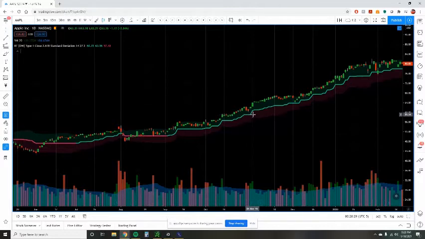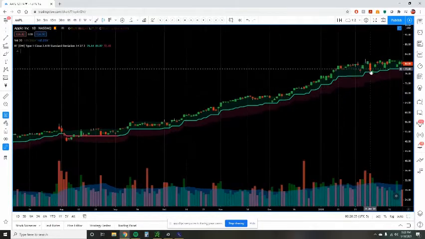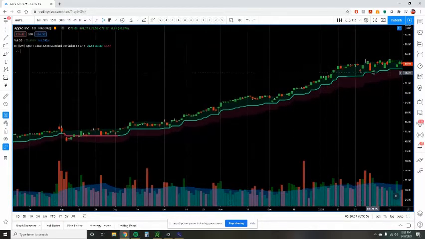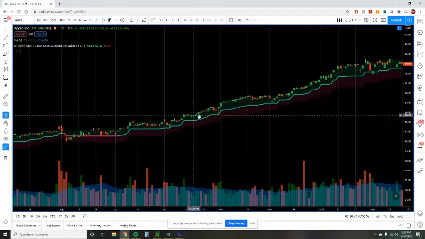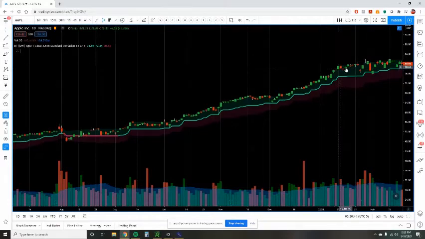You can see here we didn't even test below it at all. Here again, we didn't test below it at all. When we do test below the mean, we find buyers. And again, the majority of trades are happening on the green side of the mean line.